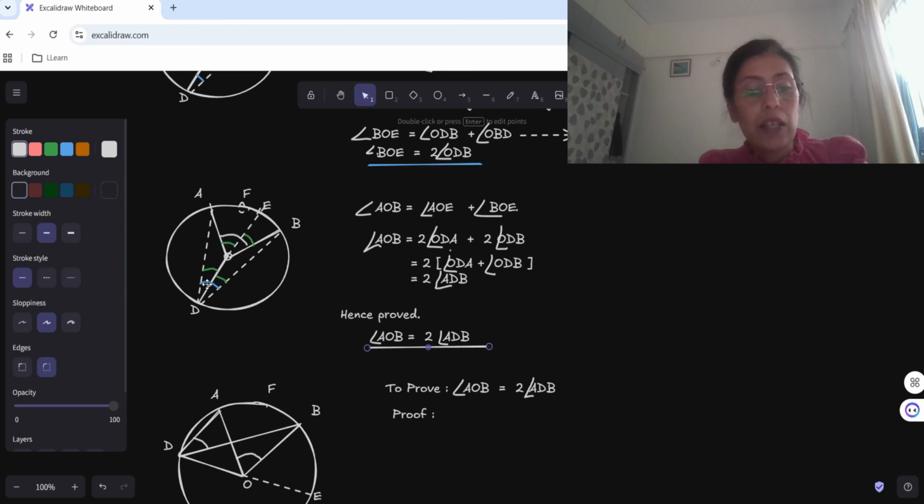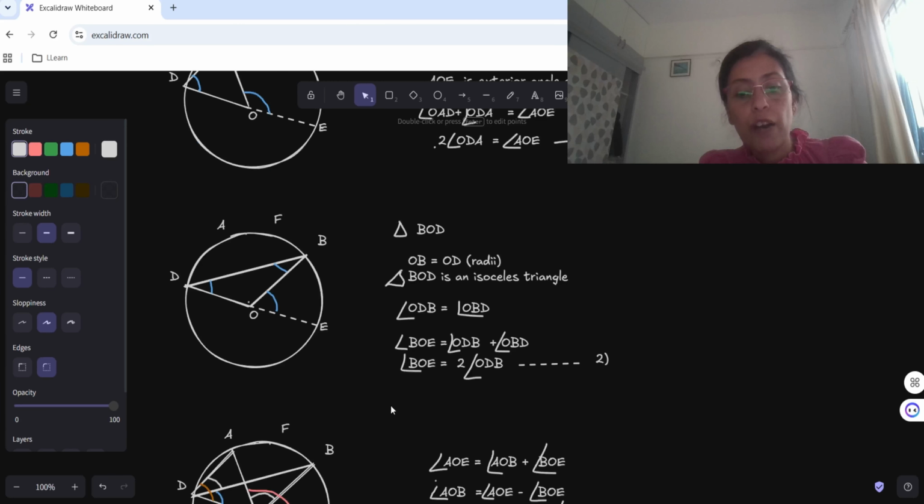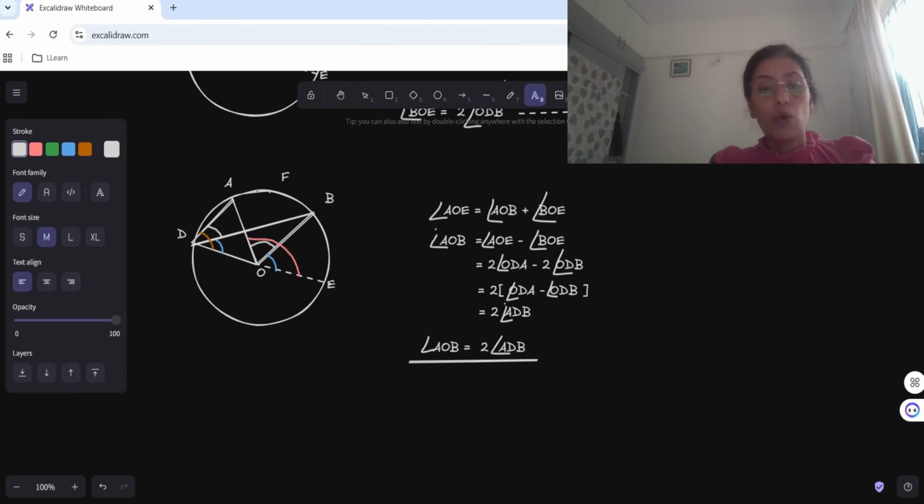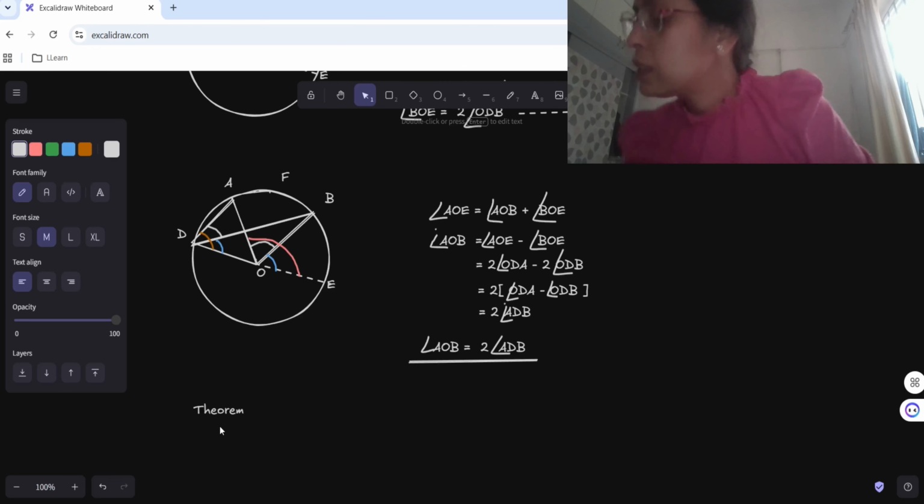And in the second case also, where E is not falling on the arc but is outside of the arc, there also we have been able to prove this. So now we are in a good position to write our theorem 8. It's theorem 8, right? No, it's theorem 9, I guess. Let me check in the book what the theorem number is.